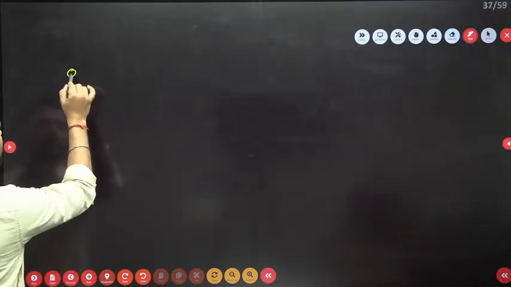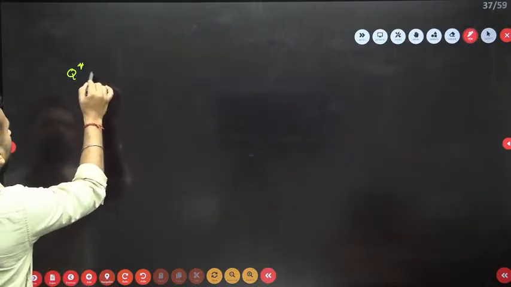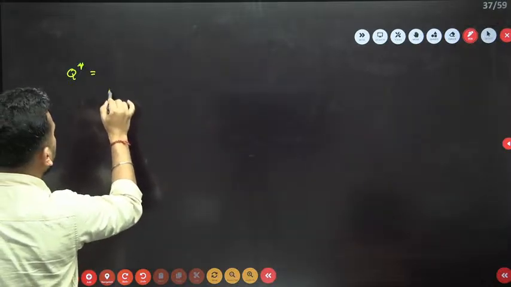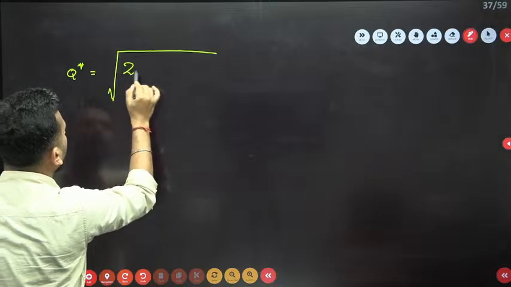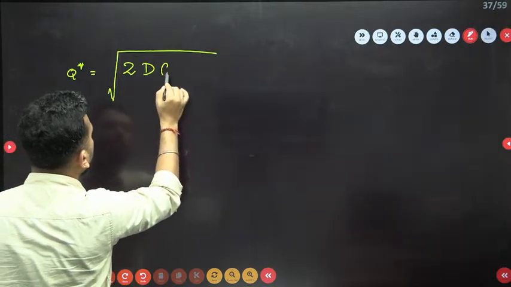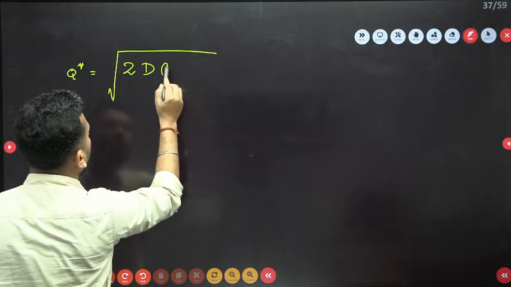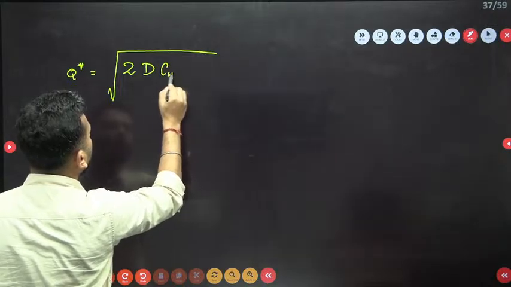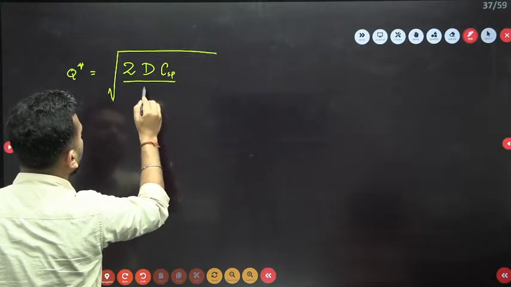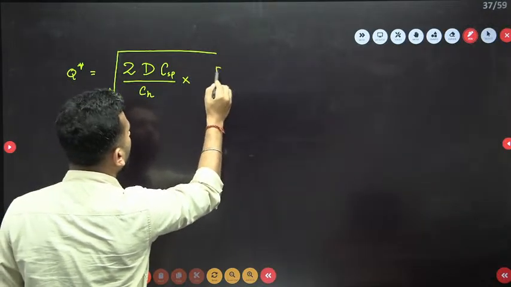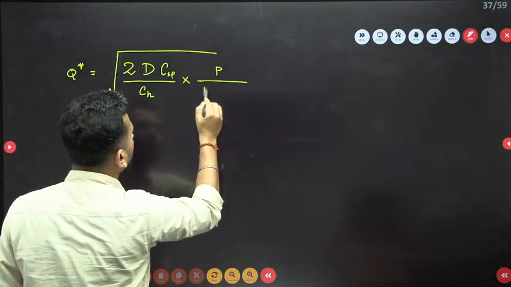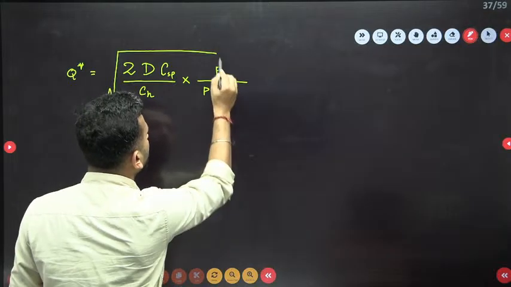What is the expression that we need to remember for examination purposes? So root over 2D CSP by CH into P by (P minus D).